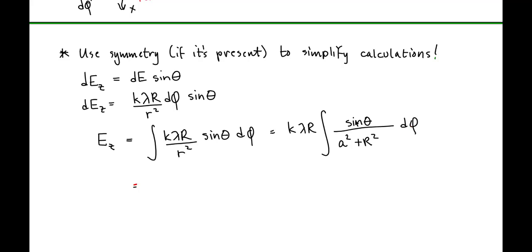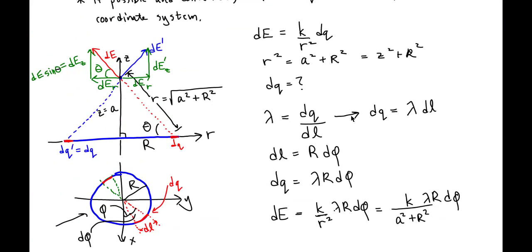Well, sine of theta is a constant because remember, theta is a constant. The angle between the charge element and the point, the angle the electric field line makes with the xy plane, that angle is constant all the way around the ring.